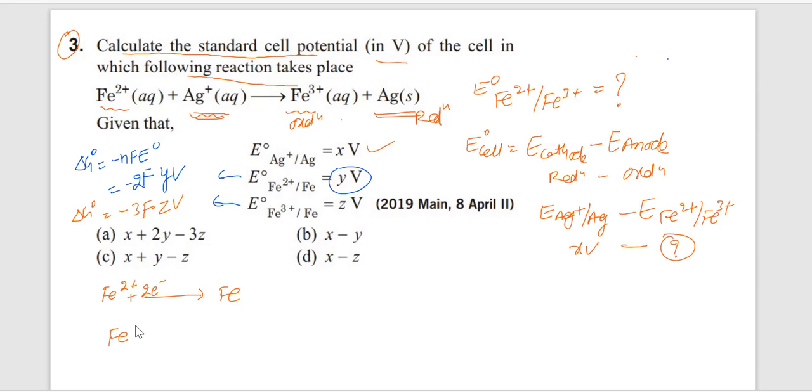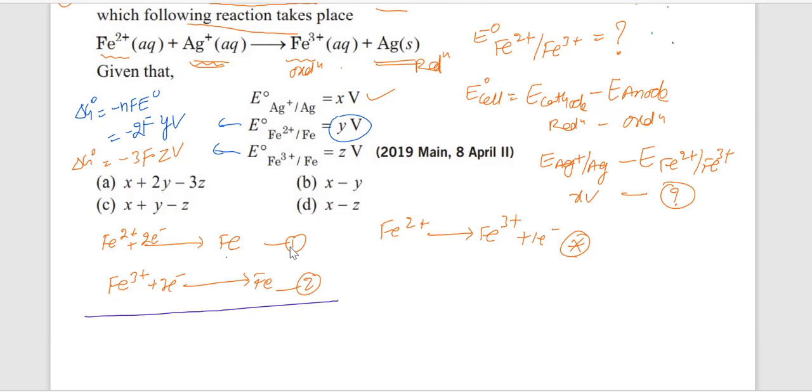The other, Fe3 plus to Fe, taking 3 electrons is given, right? Equation number 1 and equation number 2. But we required Fe2 plus to Fe3 plus, plus 1 electron. This is the star mark equation. We require this one. Okay.